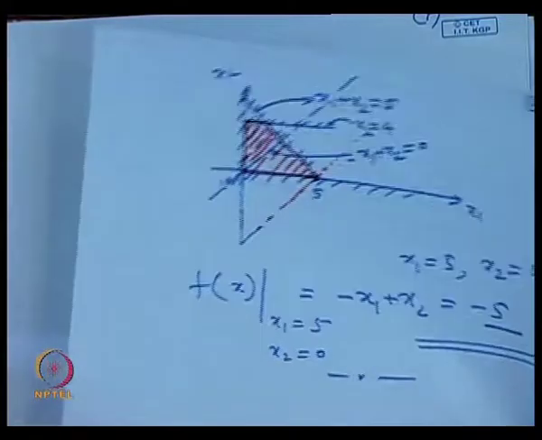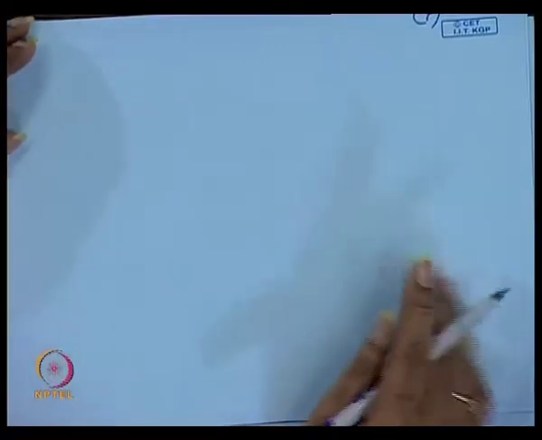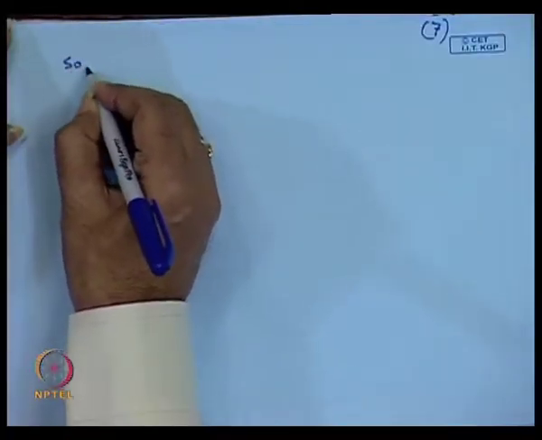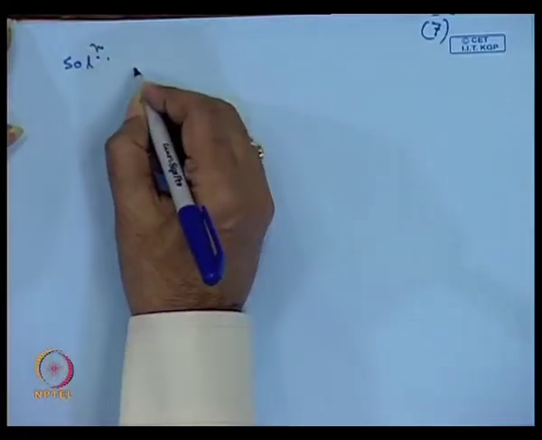The next topic we will cover: first, how to solve the nonlinear programming problem using the exterior penalty function. Then we will see how to solve the same nonlinear problem using the interior point method. So first is the solution of nonlinear programming problem using the exterior penalty function method.